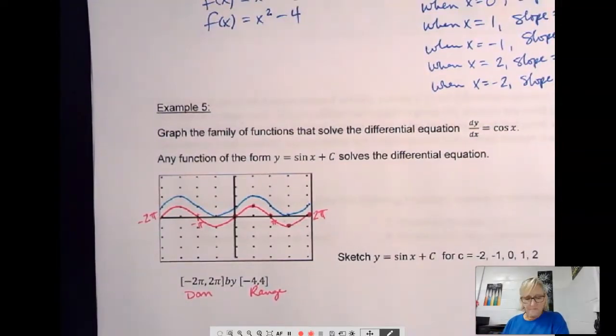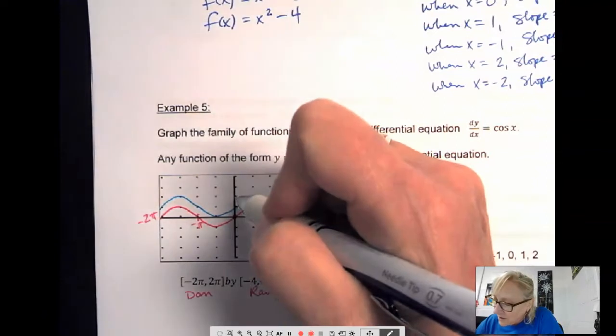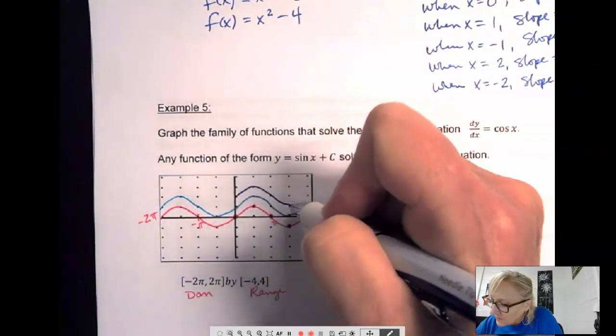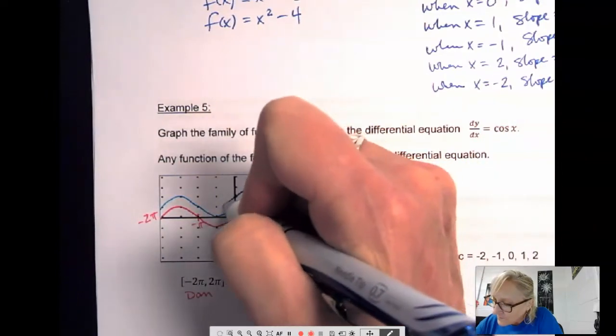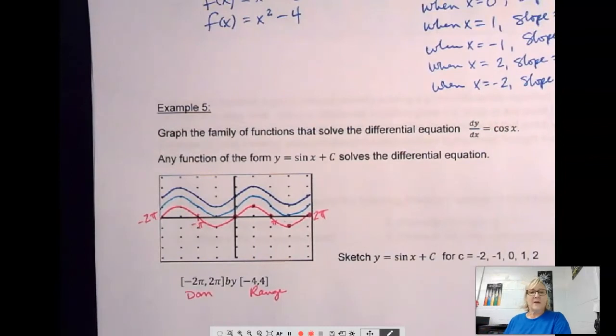It's kind of pretty. All right, let's see this color. Let's make c equal 2, so sine plus 2. Well, now all of these are moving up 1, which means a total shift of 2 from the original graph. Okay, so that's so pretty.